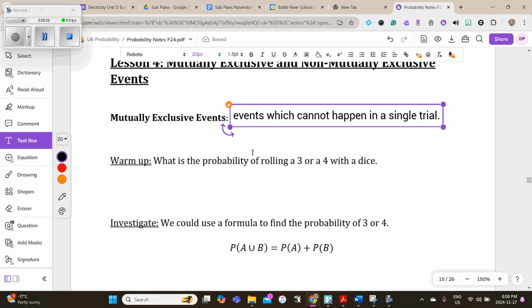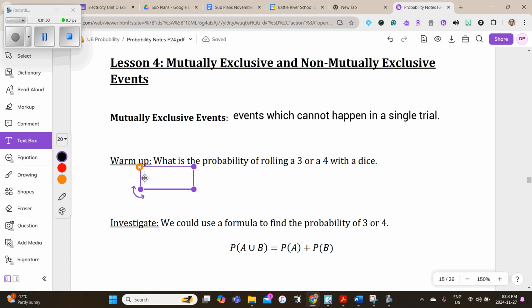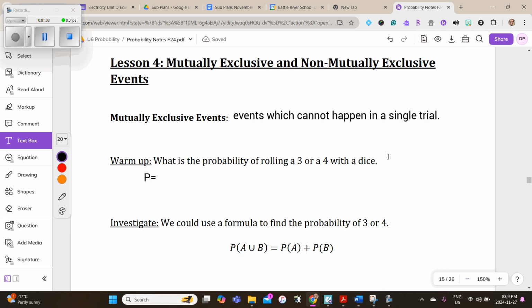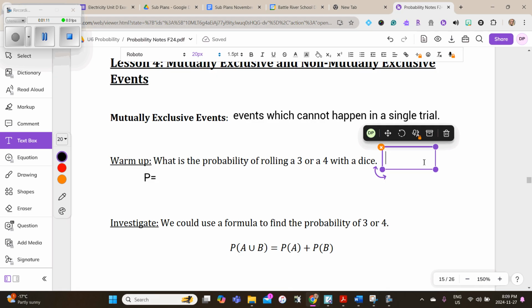So to warm up, we would have seen a question like this before. What is the probability of rolling a 3 or a 4 with a dice? Remember that we take our favorable outcomes and divide it by our total outcomes. When you roll a dice, you can get a 1, 2, 3, 4, 5, or 6.